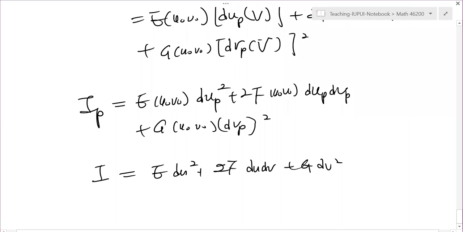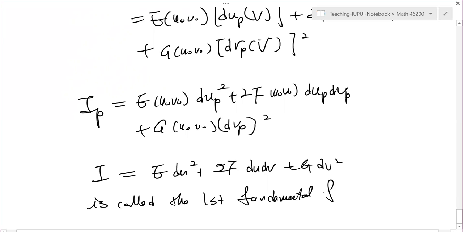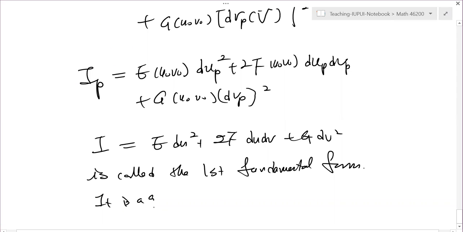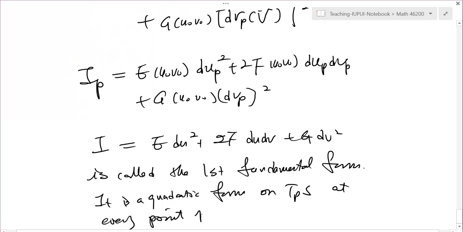That is called the first fundamental form. It is at a particular point a quadratic form on the tangent plane, at every point in this domain on the surface, because I have to use sigma to define E, F, G.